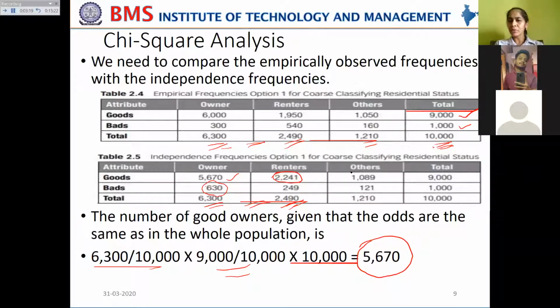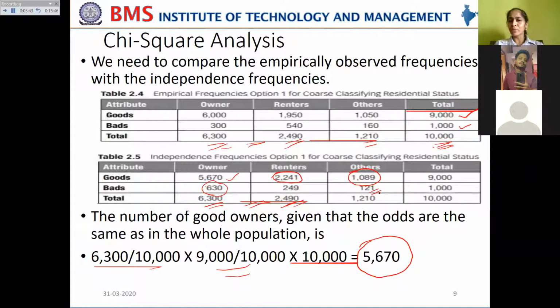That gives you the independence frequency 1,089. From the total value 1,210, if you subtract 1,089, you get the bad other data points, which are bad payers. This is how you create the independence frequencies.